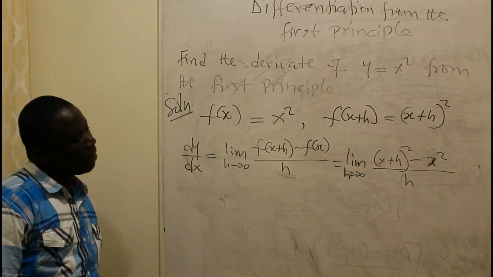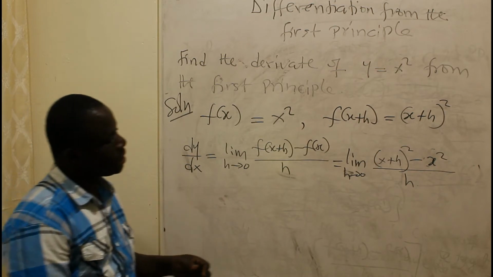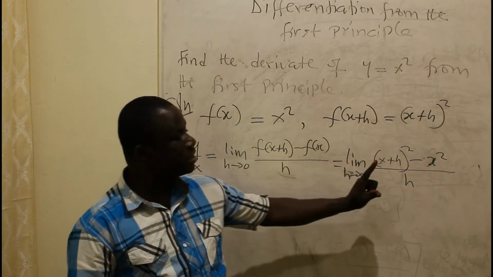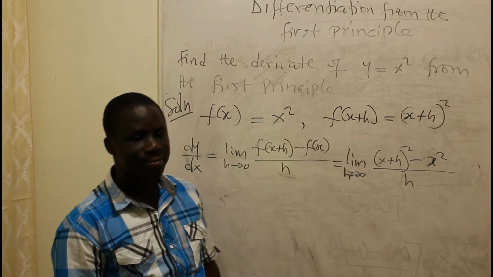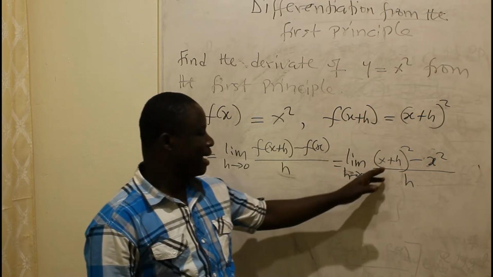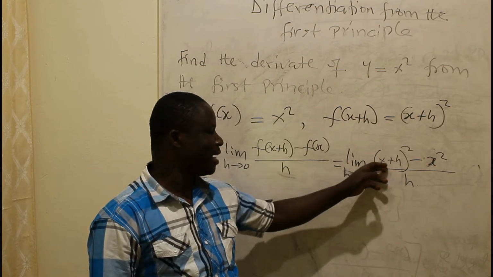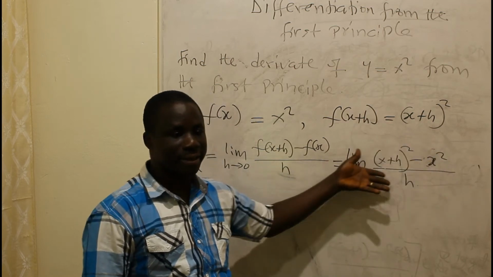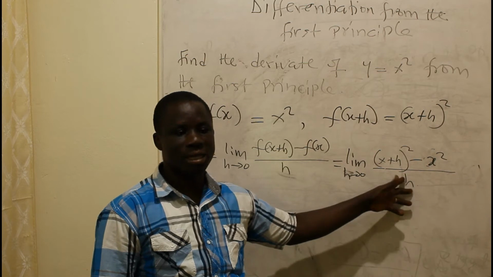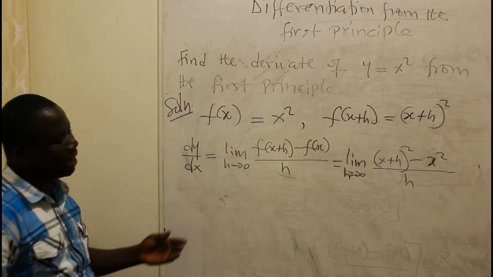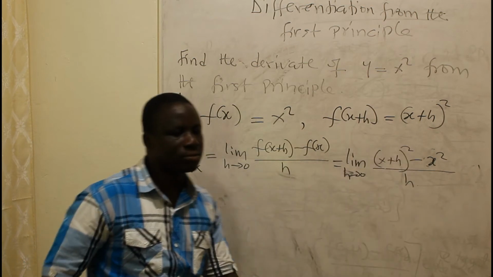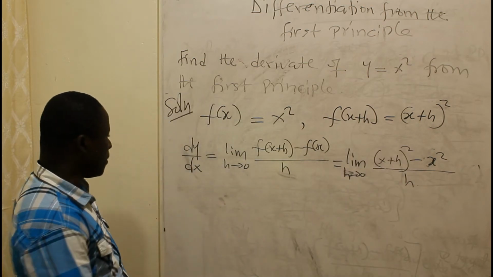And from our ideas in limit, as h approaches 0, the numerator will be 0. If you put in 0 here, it will be x squared minus x squared, and it will be 0. And the denominator too will be 0, so indeterminate. Then we have to apply our knowledge in limits by simplifying the numerator.